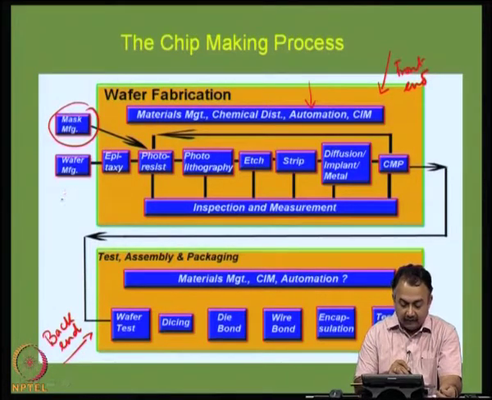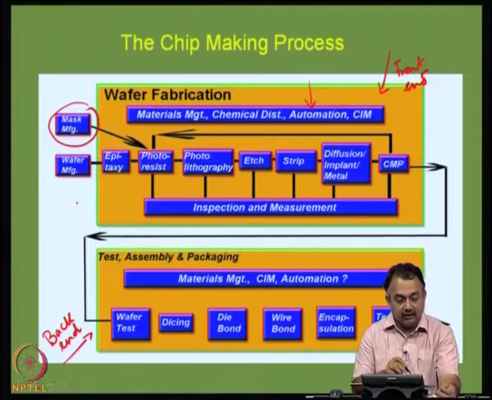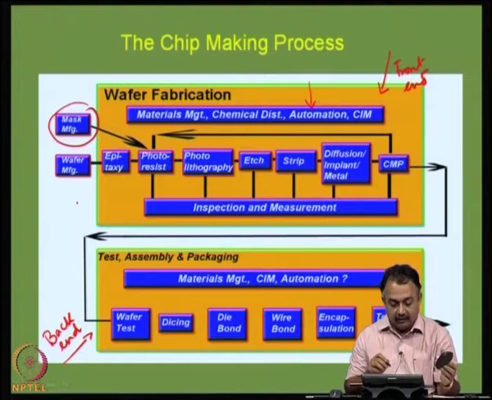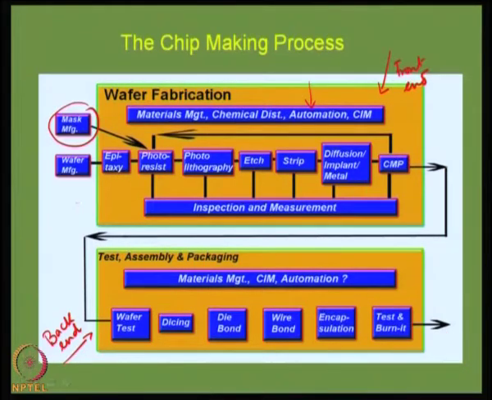Then the wafer manufacturing starts. We start with the bare wafer like this, and then there is a process known as epitaxy, which is basically oxidation. Then comes photoresist, photolithography, etching, stripping, diffusion or implant or metal. Then CMP, chemical mechanical planarization or polishing, and then finally inspection and measurement.